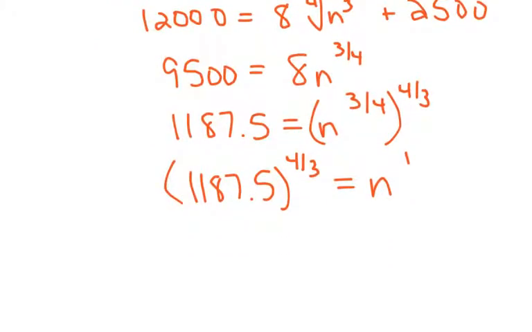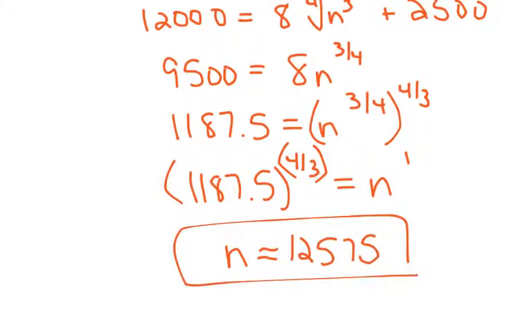So now in my calculator, I'm going to do 1187.5, and I'm going to raise that to the 4/3 power. Remember, if you have the old operating system, you need to put the 4/3 in parentheses. So I get the number of chips to be approximately 12,575.